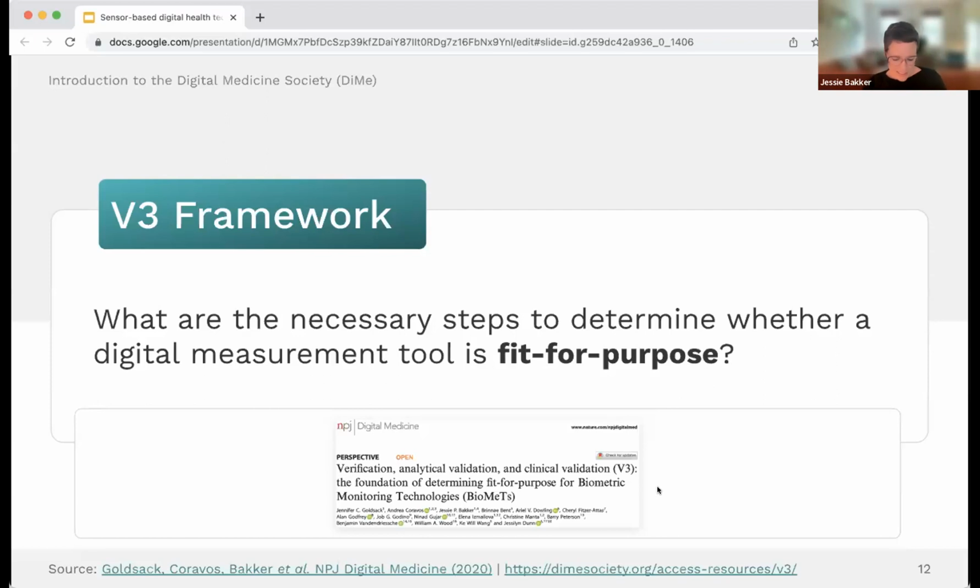So, one thing I hear pretty frequently is statements like, oh, this tool is great because it's been validated. And in my head, I immediately start thinking, but validated for what? To do what? In what trial? In what patients? So V3 is a resource which anyone can access and use if they are either developing digital measurement tools or assessing them for use, either in a clinical research setting or a clinical care setting as well.